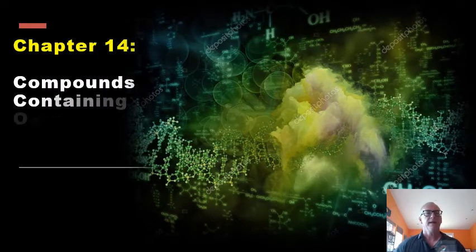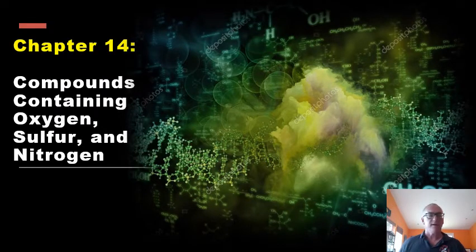Hi, everybody. So, next chapter, we're dealing with organic compounds that have oxygen, sulfur, and nitrogen in them. And the reason why that's important is because alkenes by themselves are pretty unreactive. They're not involved in a lot of biological reactions, certainly.